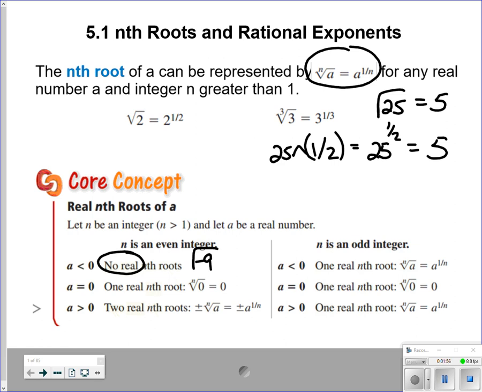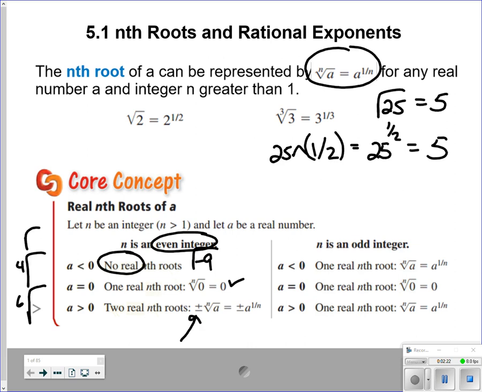This is talking about an even root, so you're talking about square roots, fourth roots, sixth roots. You can't have a real answer if there's a negative underneath there. Now, if you have 0 as a radicand, it doesn't matter the root, whether it's a square root, a fourth root, or sixth root, you'll always get 0. And again, this is only if you are solving. So I'm going to make sure we talk about that.